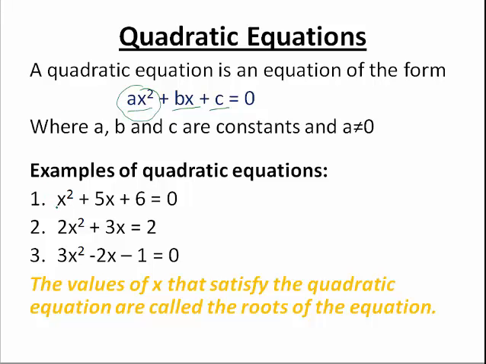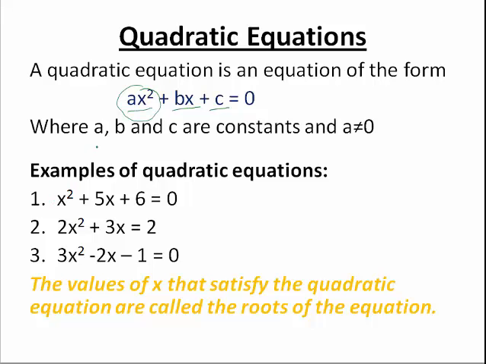We have 1, x squared plus 5x plus 6 is equal to 0. Is this a quadratic equation? Yes. Why? Because here we have value for x squared, here we have value for x, and the constant, all set to 0.